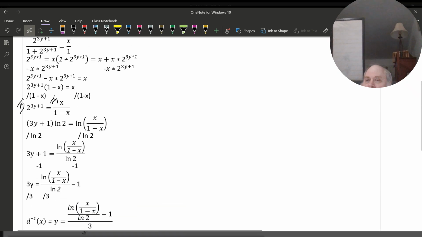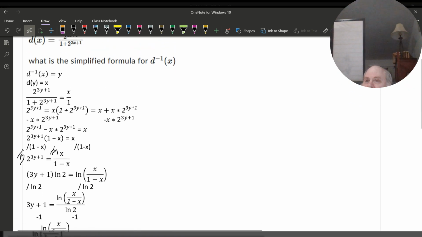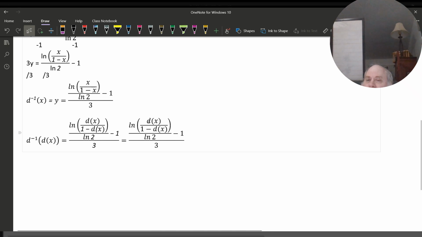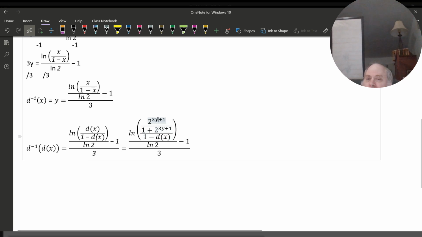So I'm going to replace it with 2 to the 3x plus 1 over 1 plus 2 to the 3x plus 1. I'm going to take this guy because it's convenient and turn that into 2 to the 3x plus 1 over 2 to the 3x plus 1. So that's what d of x is. And I'm going to change this d of x also to that.